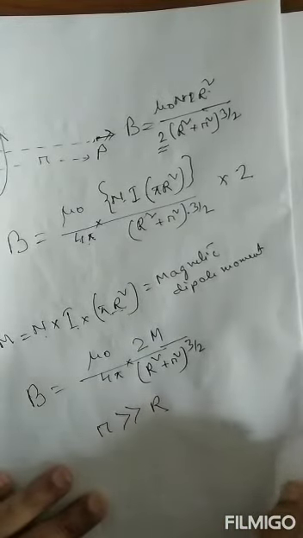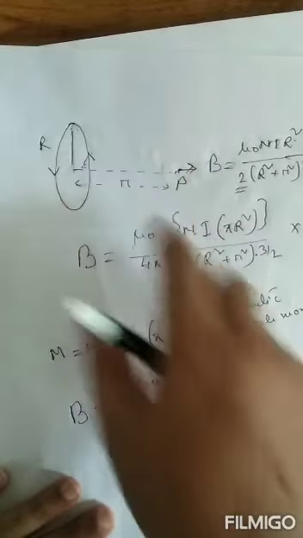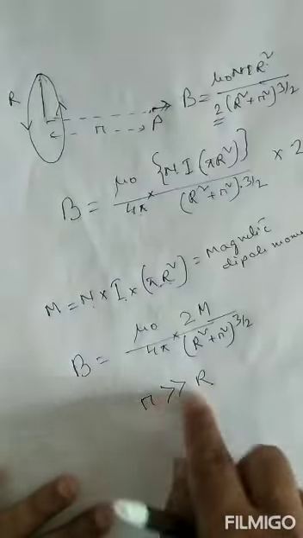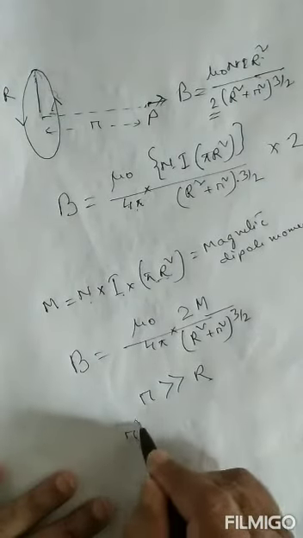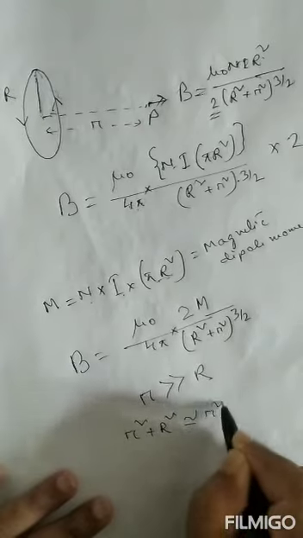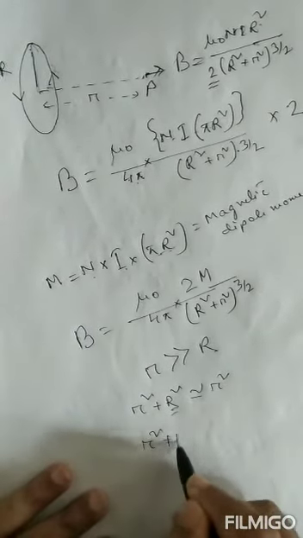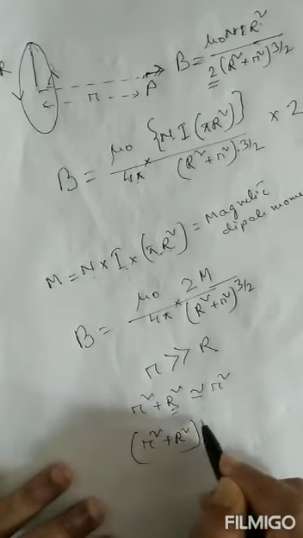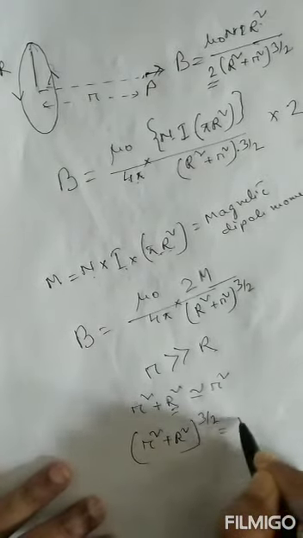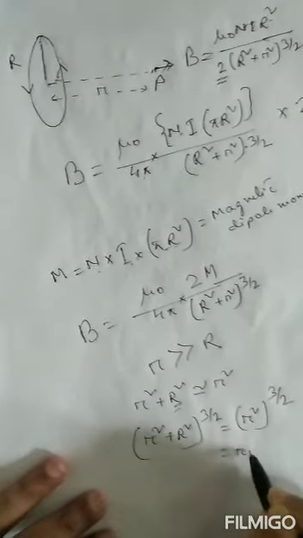This is the magnetic dipole moment, yes or no? So this is B. Now if small r is very much greater than capital R, what happens? R square plus capital R square is equivalent to r square, since capital R square can be neglected. So r square whole to the power 3 by 2 is r cube, yes or no?